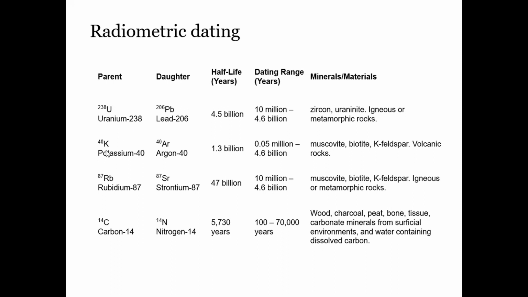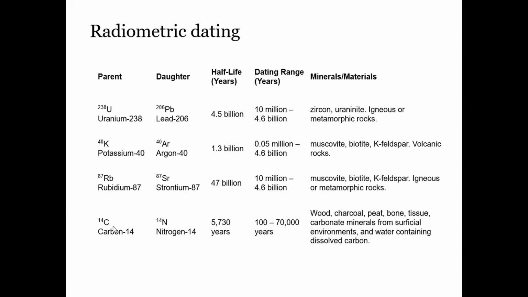Similarly, potassium-40 and argon-40 can be employed to figure out volcanic rock dates from 0.05 billion to 4.6 billion years. Rubidium and strontium can also be employed to figure out the ages of rocks.